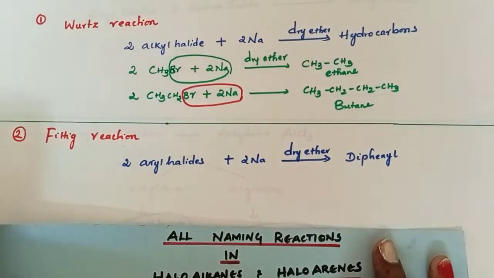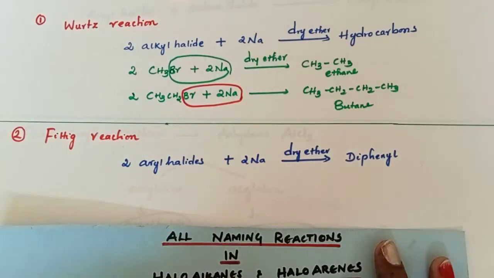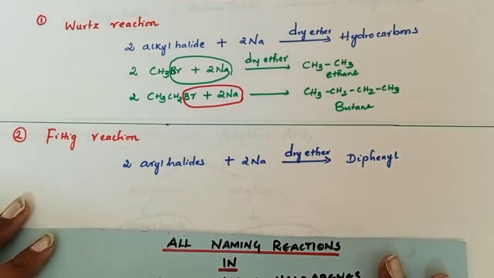In case of Fittig reaction, two molecules of aryl halides which on reaction with sodium in the presence of dry ether, you will get a diphenyl compound.